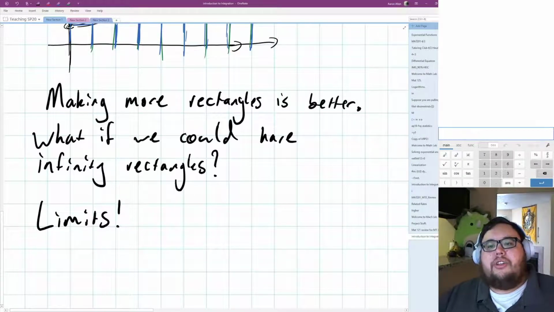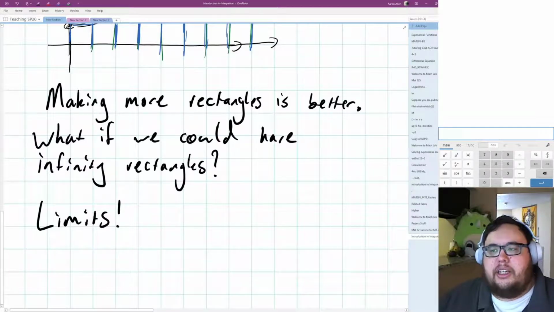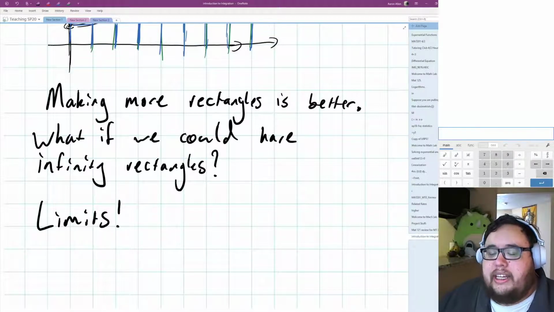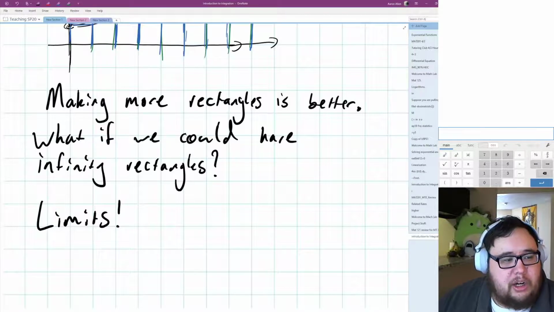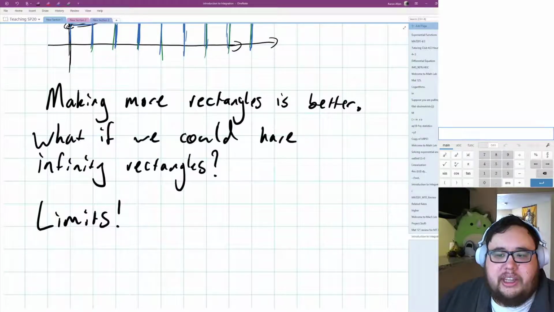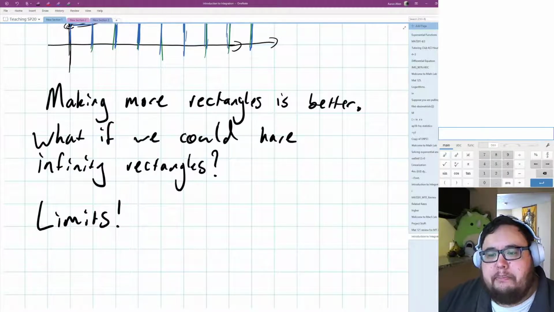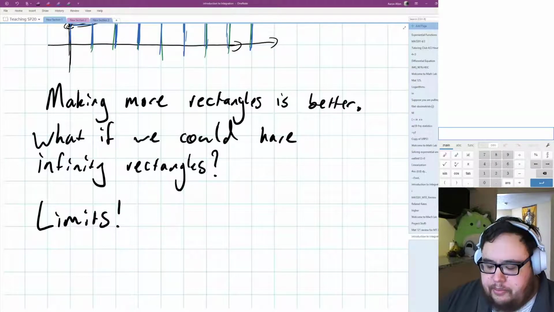So the thing we need to do in order to make this idea of rectangles work and give us a really great solution for what the area beneath a curve is, is to be really careful in how we pick our rectangles so that we can then have a really nice way of applying a limit and making infinitely many, infinitely thin rectangles, right?